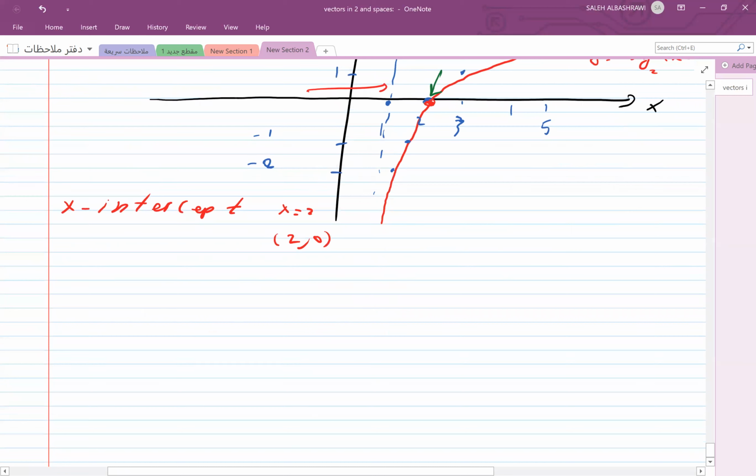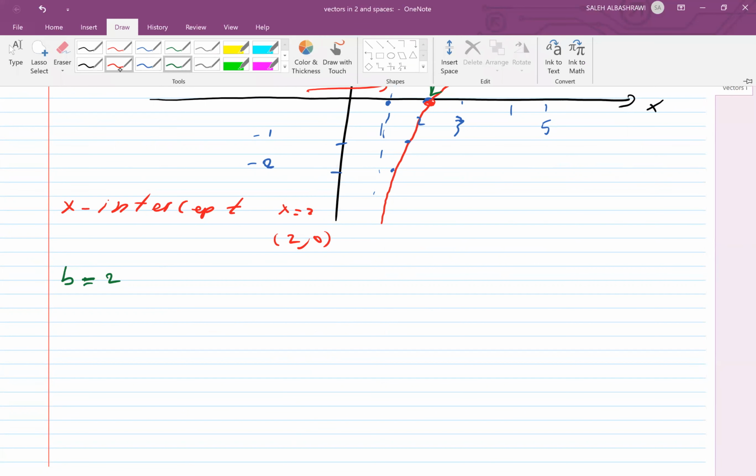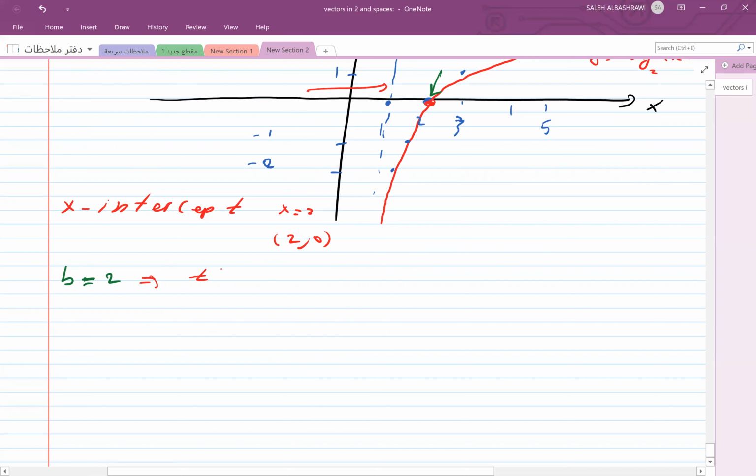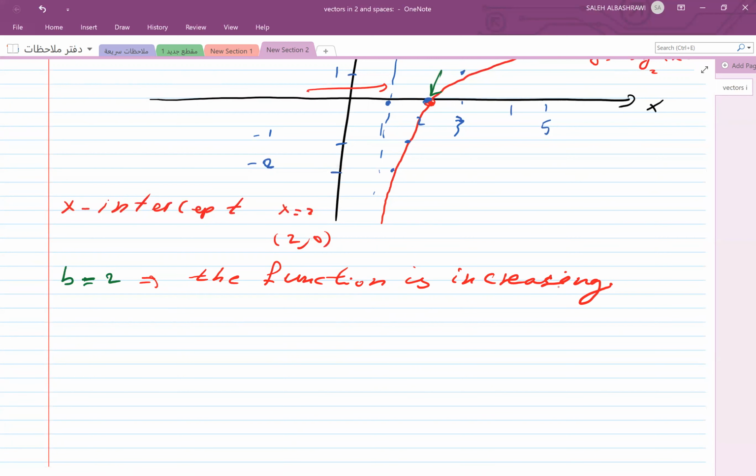And one more thing, the base b equal to 2, which means the function is increasing. So we have the function is increasing, and we have vertical asymptote x equal to 1, and we have the intercept of the function on the x-axis, not on the y-axis.